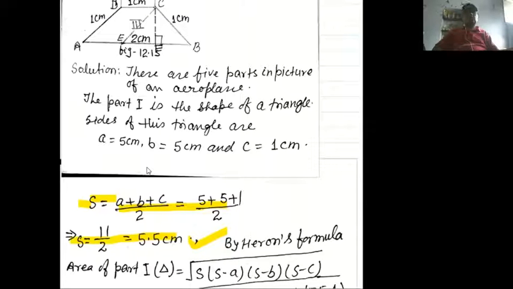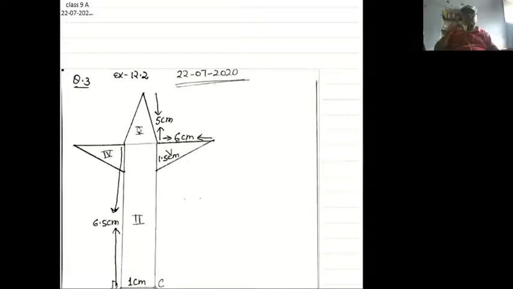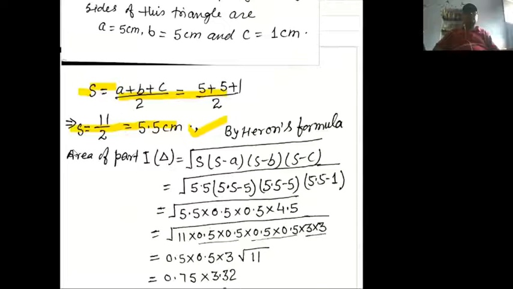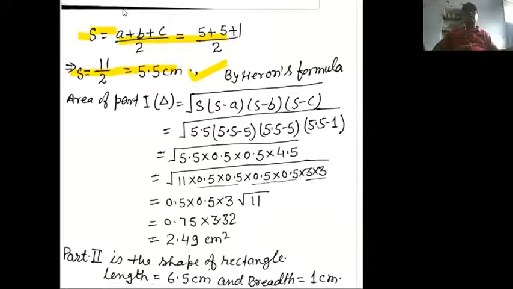Now use Heron's formula. Area of triangle, first part, equals under root S into (S minus A) into (S minus B) into (S minus C), where A equals 5, B equals 5 and C equals 1.